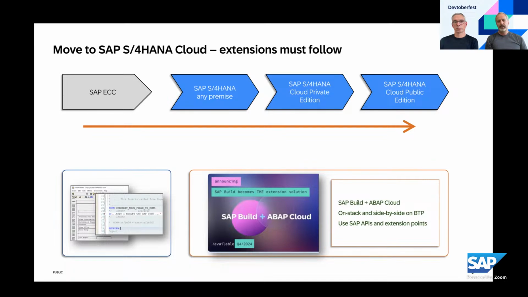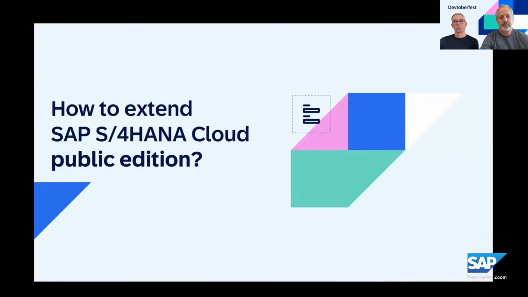And that's why it's so important that we now go over from the classic extensibility with classic ABAP to cloud-ready S/4 optimized extensions, which are built with SAP Build plus ABAP Cloud, which can work on stack or side by side in BTP, and which all try to be cloud-ready, meaning clear separation between extension and SAP code, use SAP APIs and extension points, and do not modify the code or use arbitrary SAP objects. Good. So much for the motivation.